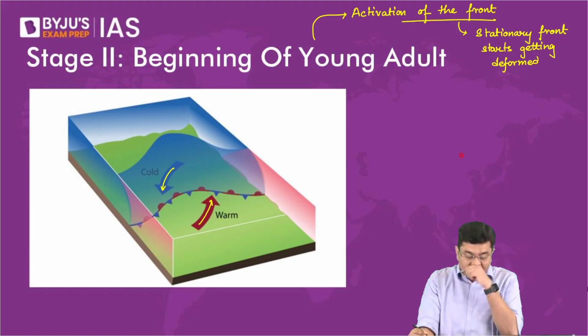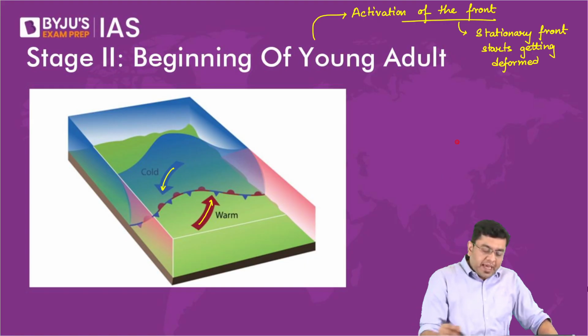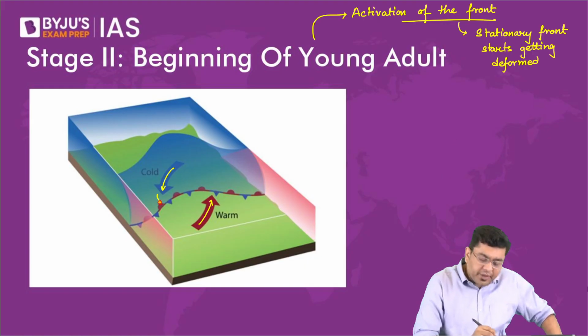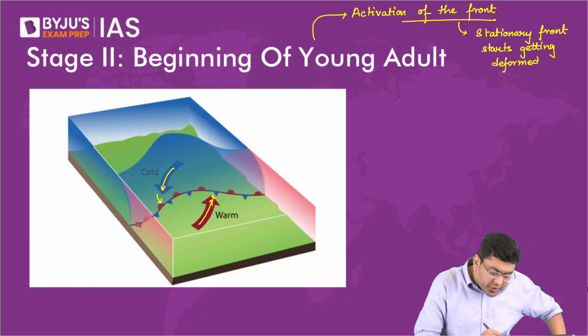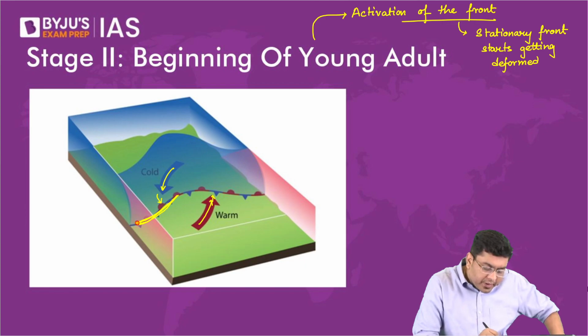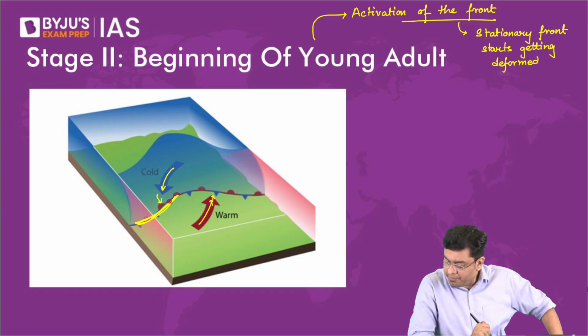Now, as the stationary front starts getting deformed, as the cold air becomes active here and the warm air becomes active here, in this region, what kind of front will be created? The portion that I have highlighted. What kind of front will be created here? Beautiful.